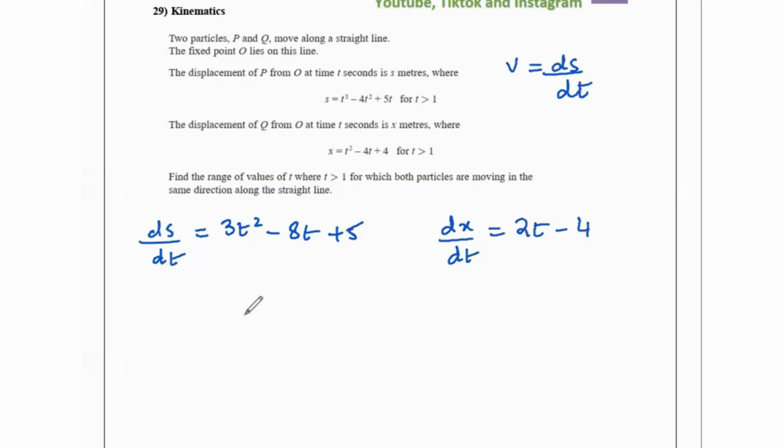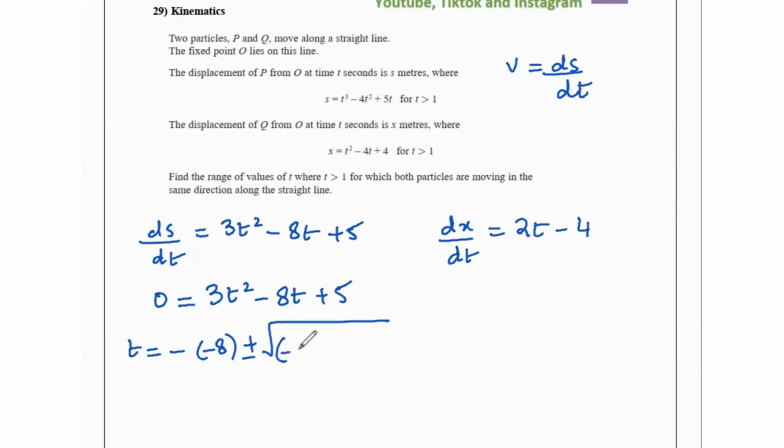Now, to understand what the direction will be, we put the derivatives equal to 0 because that's what will help us in finding the range of values for t. So for 0 equals 3t squared minus 8t plus 5, if we solve this quadratic equation, we use the quadratic formula. t equals negative of negative 8 plus minus root of negative 8 squared minus 4 times 3 times 5, divided by 2 times 3.